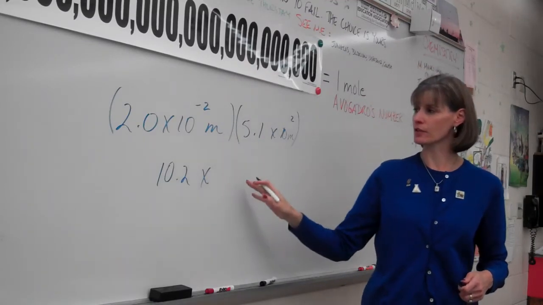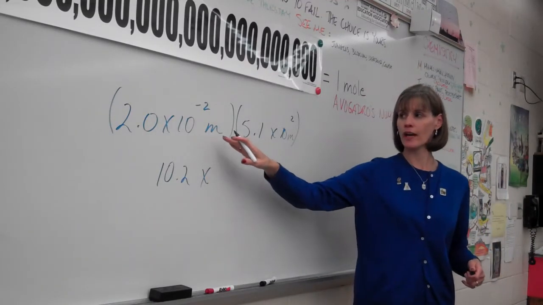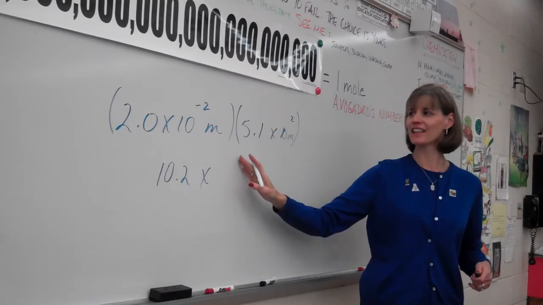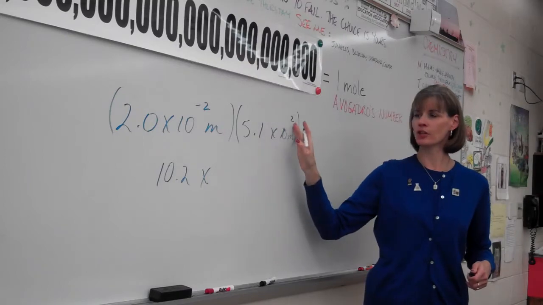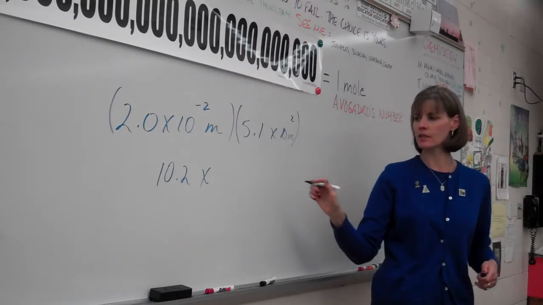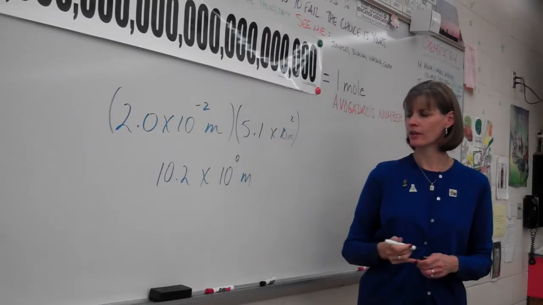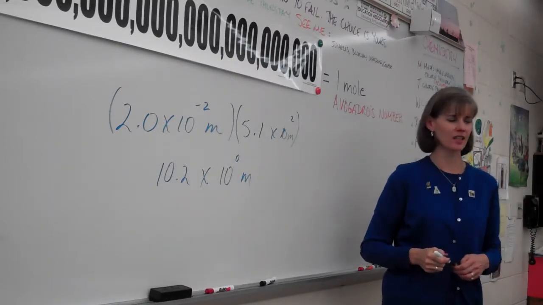Okay, and what are we doing to the exponents? Adding, so negative 2 plus 2 is 0. Well, this is weird. 10.2 times 10 to the 0?